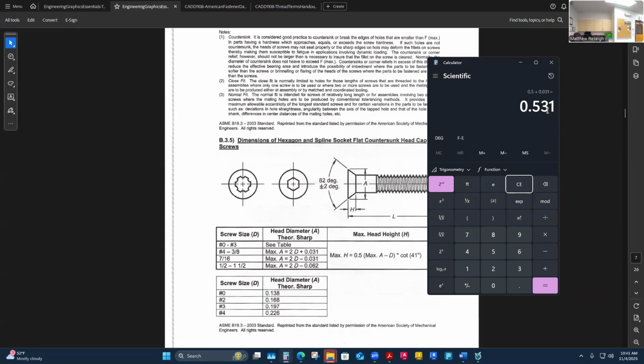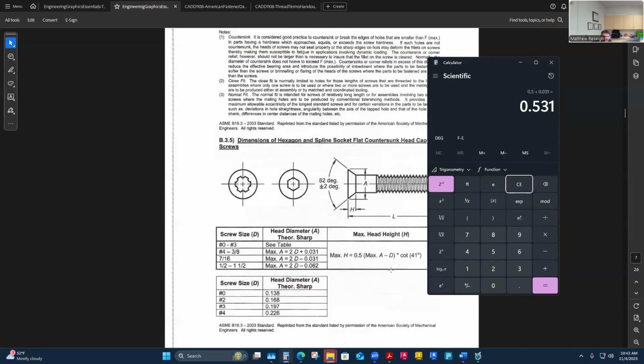0.531 would be my diameter of this countersunk head.